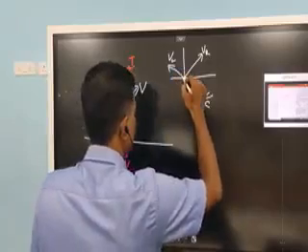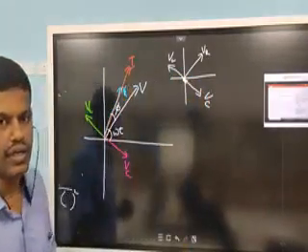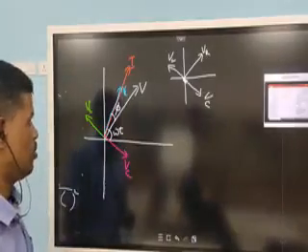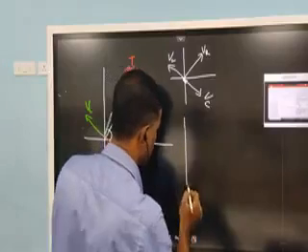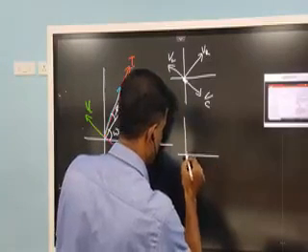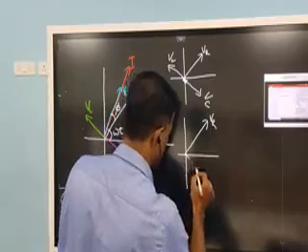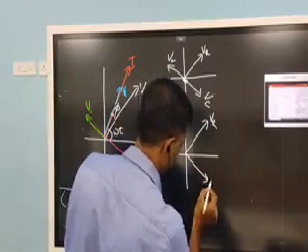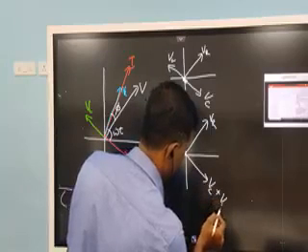Okay, VL and VC are in opposite phase, 180 degrees apart. Once again I am simplifying. This is VR and this is the phasor VC plus VL.